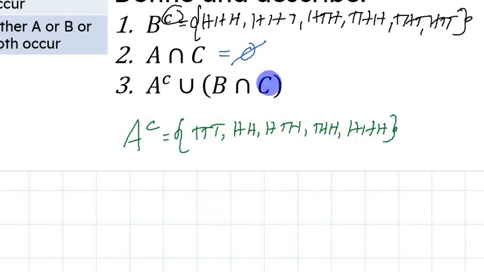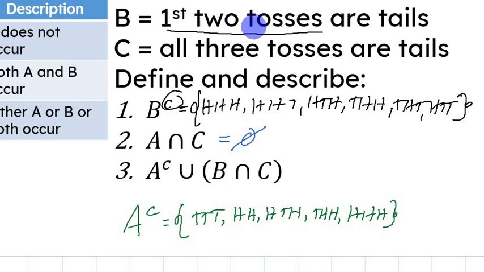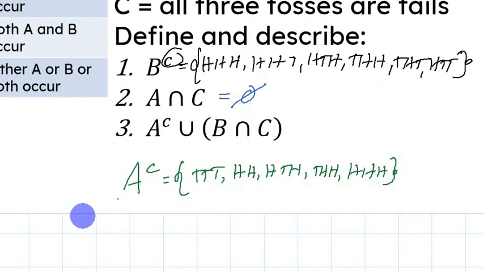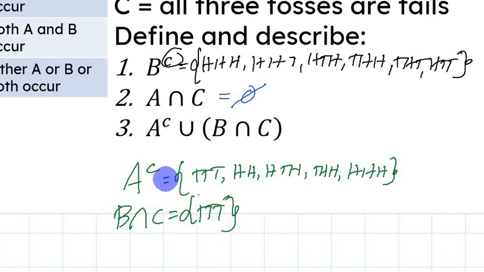For B intersection C, we have B again. First two tosses are tails, then all three tosses are tails. If we look up, the first two tosses are tails in just this outcome and this outcome. What's common in C, where it's just all three tails, is T, T, T. So B intersection C has only the element T, T, T, and it's already in A complement.